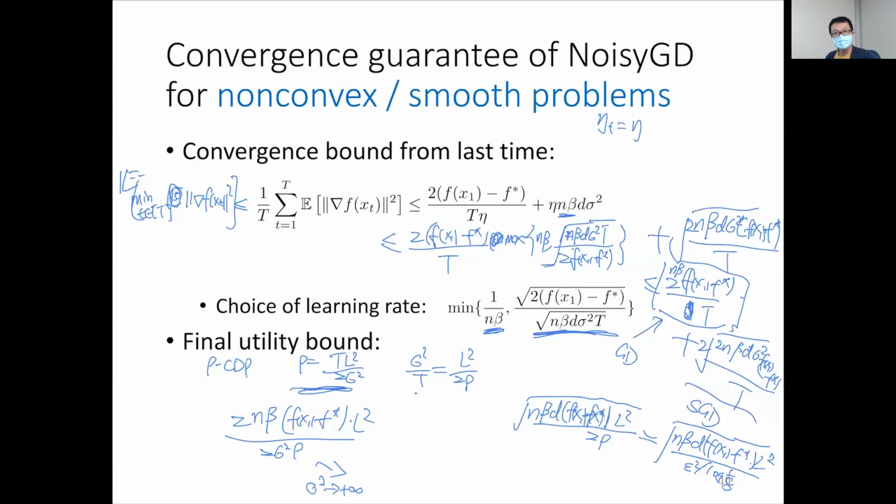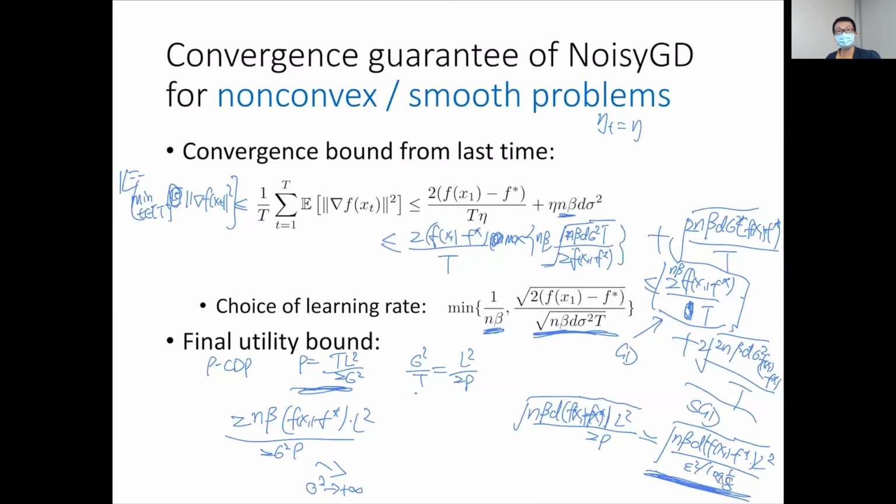If we just dump computation on this problem, at some point this term is going to be smaller than the second term. So at the end of the day, the convergence bound, or utility guarantee, will only depend on this parameter. We can always choose sigma square and t to go to infinity at the same rate, such that their ratio remains a constant.